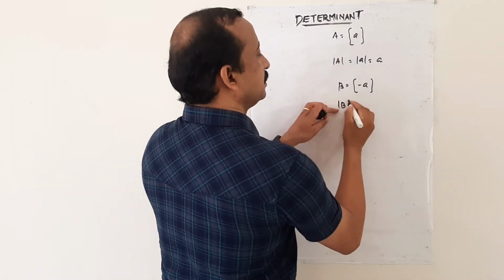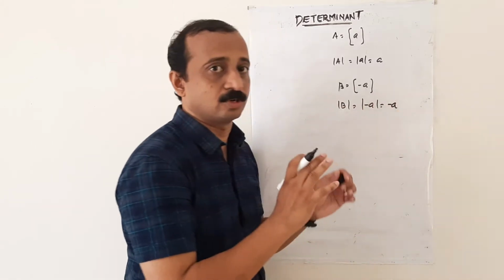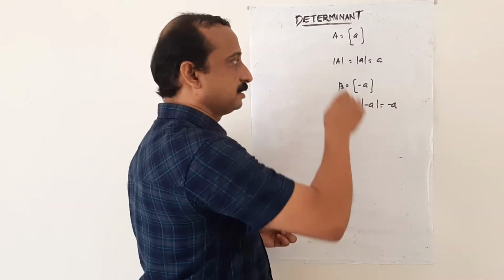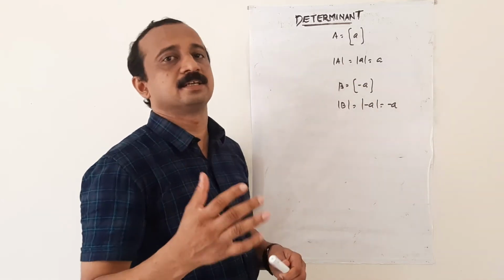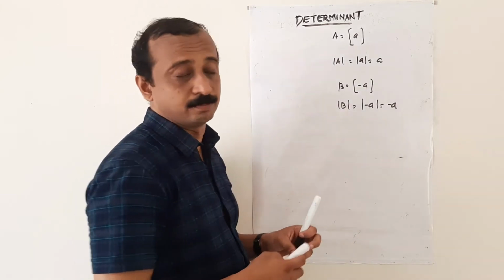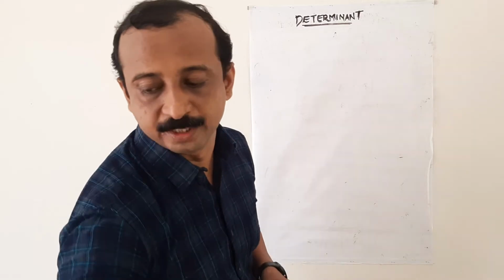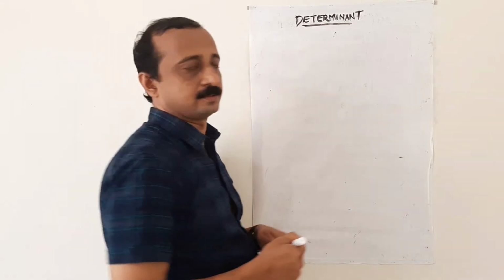Then the determinant of B is minus A, not plus A, because it's not a modulus value. So determinant means a matrix is converted into a single value. No importance is given to 1 by 1 matrices, so we discuss only 2 by 2 and 3 by 3 matrices.